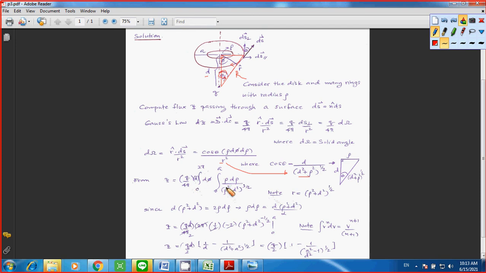Your job is to do the integration. Okay, this is how I work. I pick up this term, since with rho squared plus d squared, when you differentiate with respect to rho, you end up with 2 rho. D is constant. So your rho d rho is going to be d(rho squared plus d squared) divided by 2.